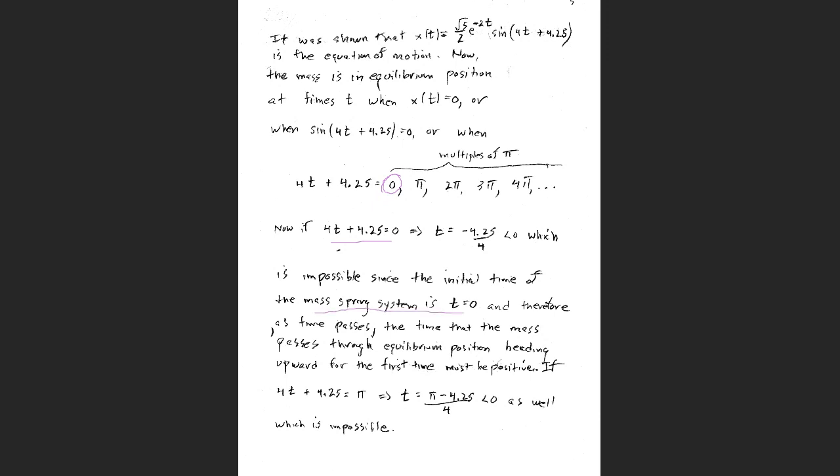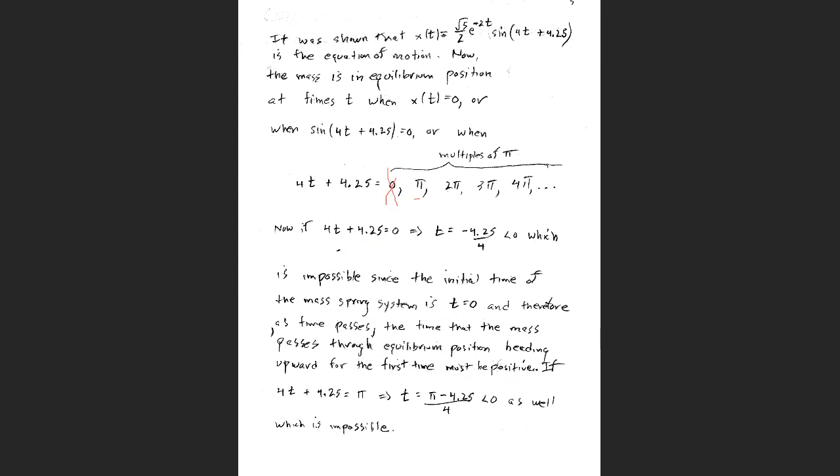As time passes, the first time that the mass passes through equilibrium position headed upward has to be a positive time. We can't allow for time t to be negative, so we'll cross that off our list.